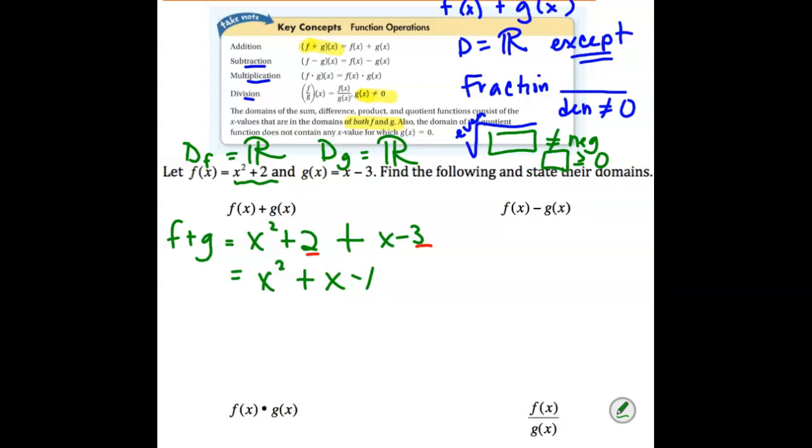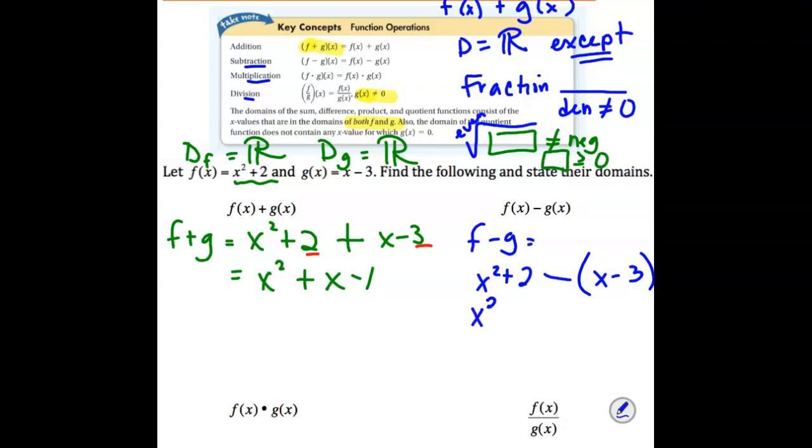Now, with subtraction, you have to be a little extra careful because we are taking f minus g. Function f is x squared plus 2. We are then subtracting all of function g. And that's important because we have to distribute that negative sign.